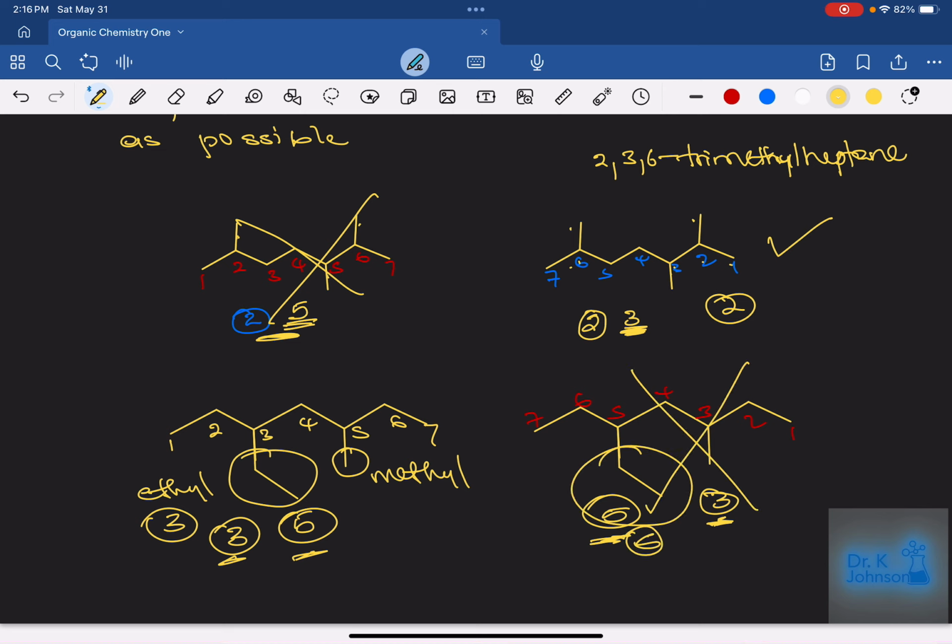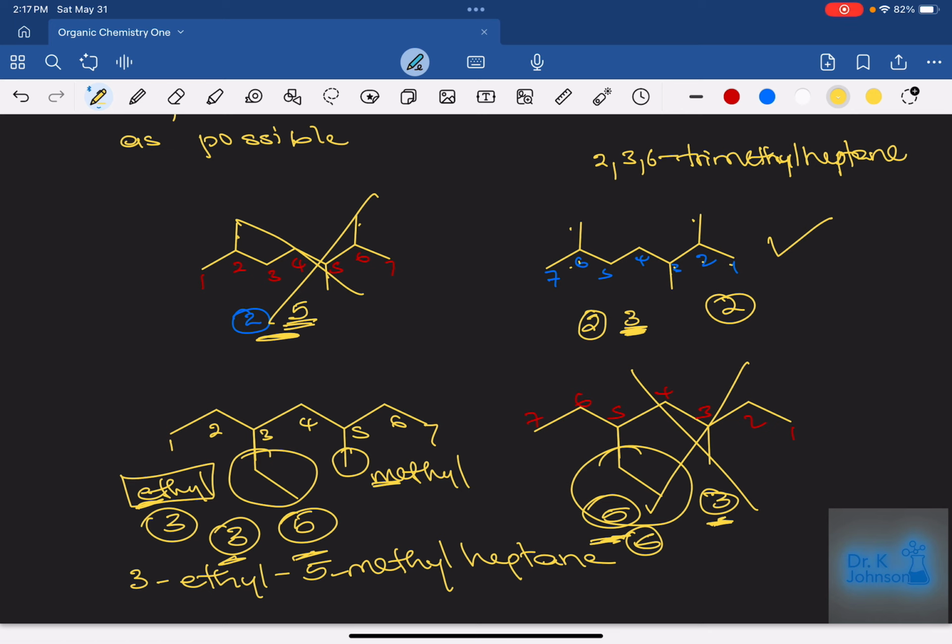No. So you pick the one where the substituent that is lower in the alphabet also has the lower number. So to name this, remember, you still list in alphabetical order. That is still the rule, okay? So ethyl is lower, E is lower than M. So it's going to be 3-ethyl, 5-methyl, and of course you can always write your parent chain first.